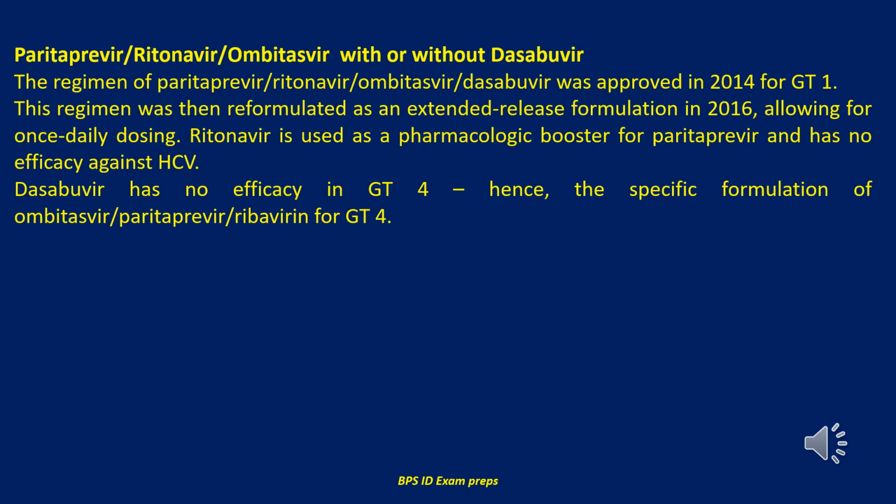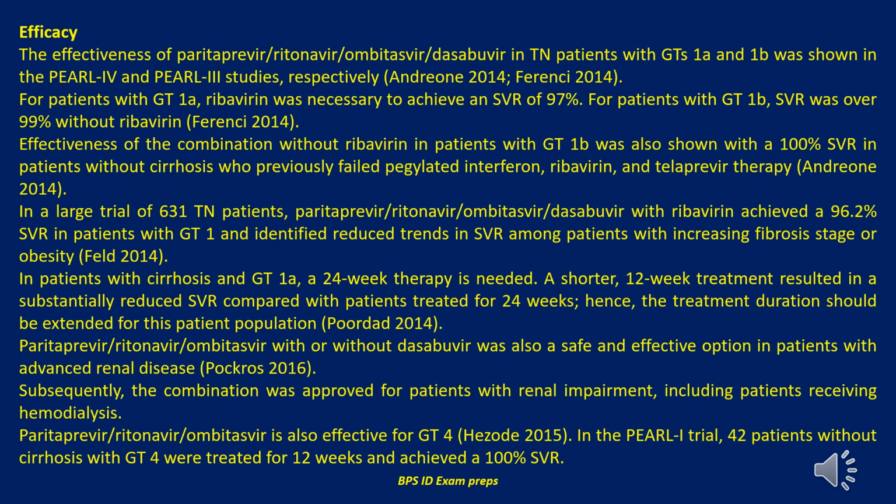Ritonavir is used as a pharmacologic booster for paritaprevir and has no efficacy against HCV. Dasabuvir has no efficacy in genotype 4, hence, the specific formulation of ombitasvir plus paritaprevir plus ritonavir with ribavirin for genotype 4. Next we will discuss its efficacy.